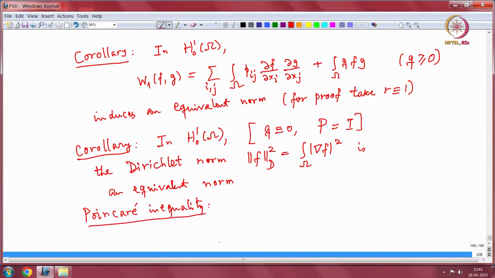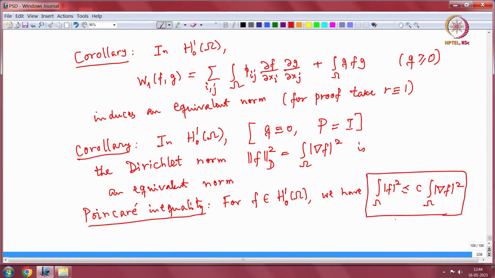So, by this equivalence, what we see is for f in H1 0 omega, we have the integral over omega of f square is less than or equal to some constant times the integral of grad f square.